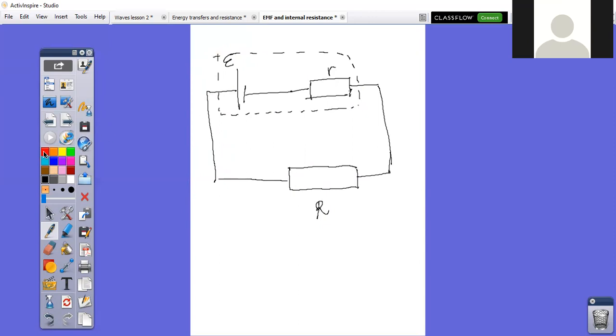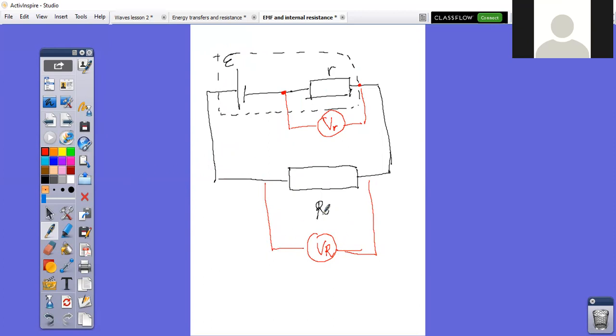If I connected a voltmeter, I know I can't, but if I connected a voltmeter and had a value of VR, the voltage across R, and I also had another voltmeter, V little r.